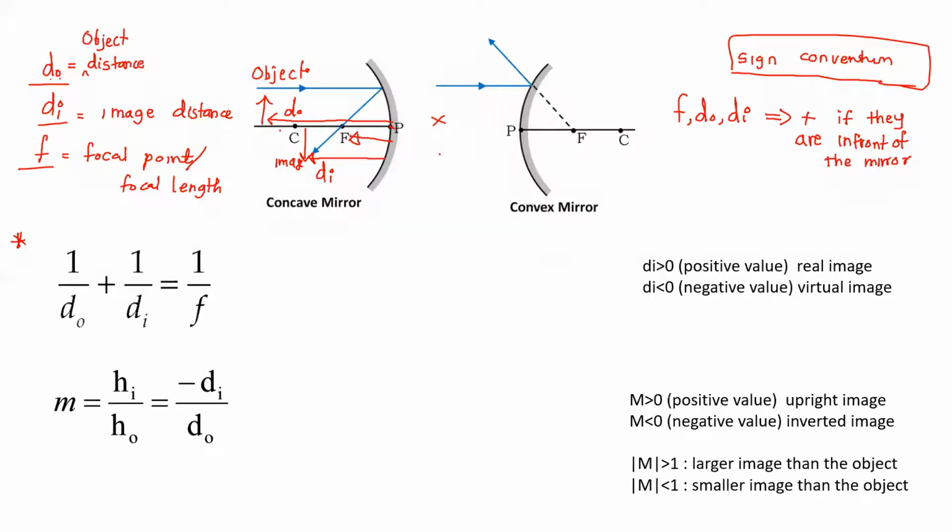So for this mirror, for this one, this place is in front of the mirror. For this one, this place is in front of the mirror, right? So towards the left side of your mirror is positive. Then F, D naught and Di will be negative if they are behind the mirror.